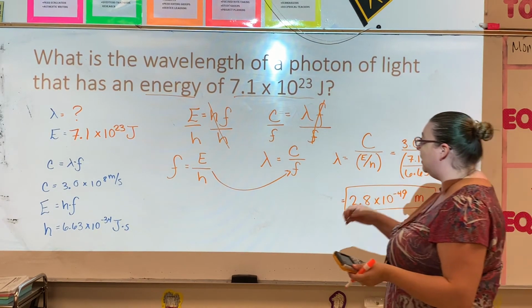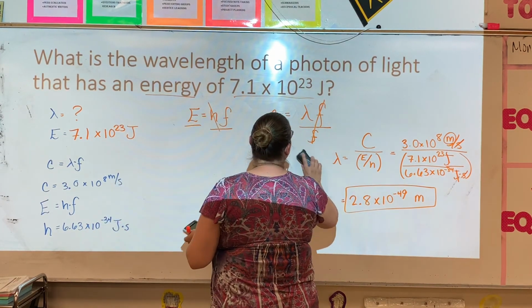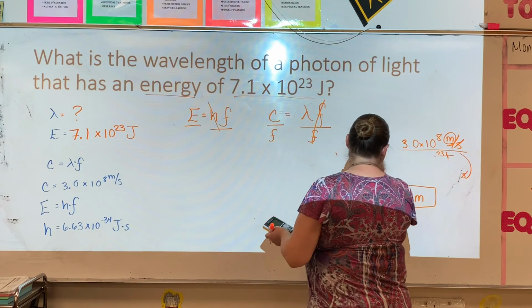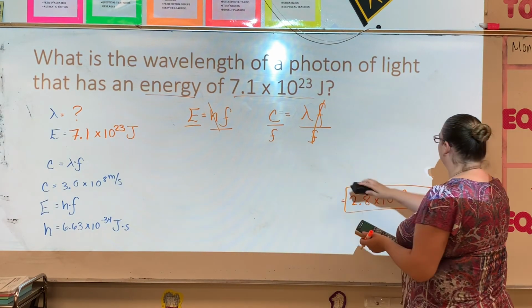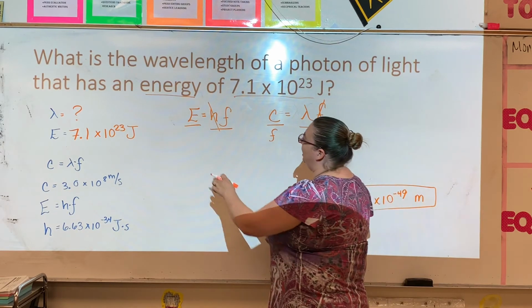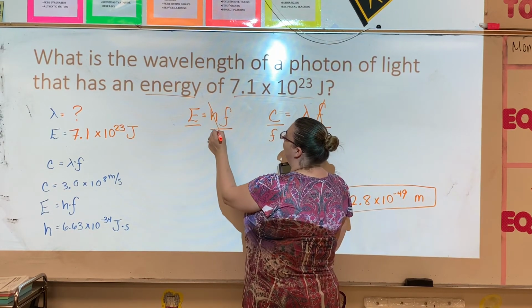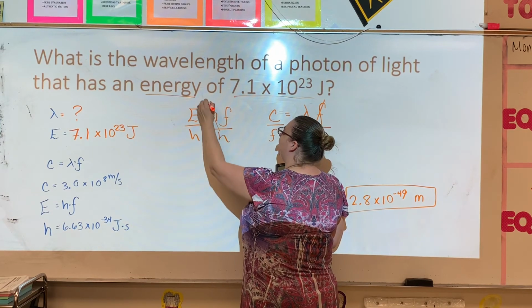So now we can also go back and simply substitute in values for each of these equations. For this equation, energy is equal to Planck's constant times the frequency. Let's solve that for the frequency.